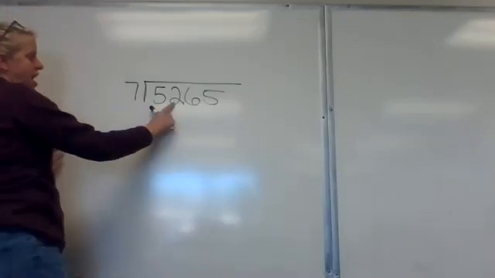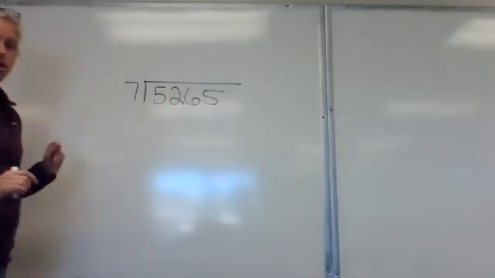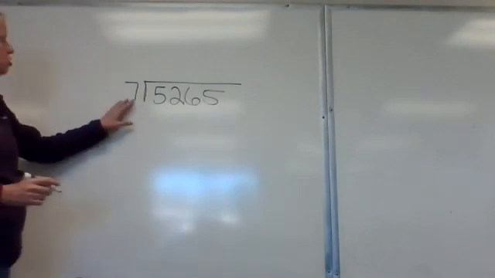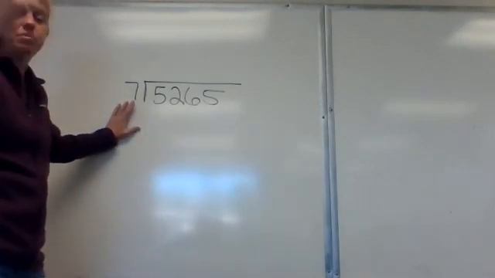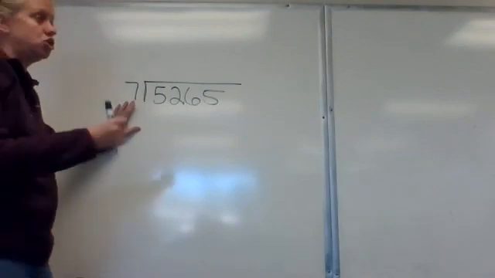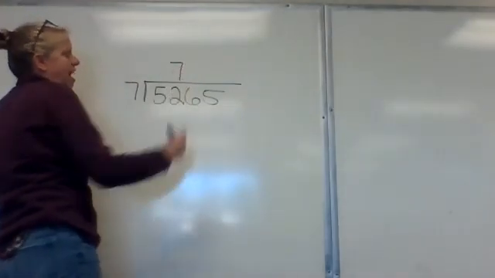How many times does 7 go into 52? 7 times 7 is 49. 7 times 8 is 56, which is too big. So that's why we'll use the 7.